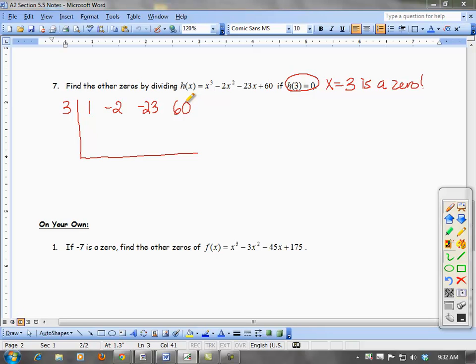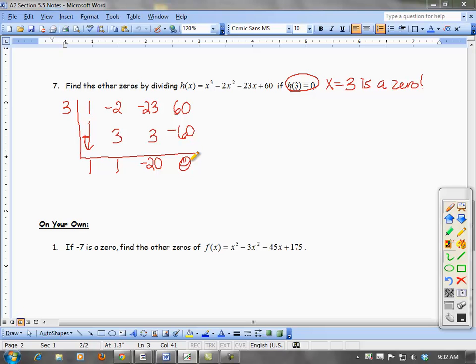According to my process for synthetic, drop the 1. 3 times 1 is 3. I then add the numbers inside together. Negative 2 plus 3 equals 1. 1 times 3 is 3. Negative 23 and 3 is negative 20. Negative 20 times 3 is negative 60, which when you add it to 60 is 0.